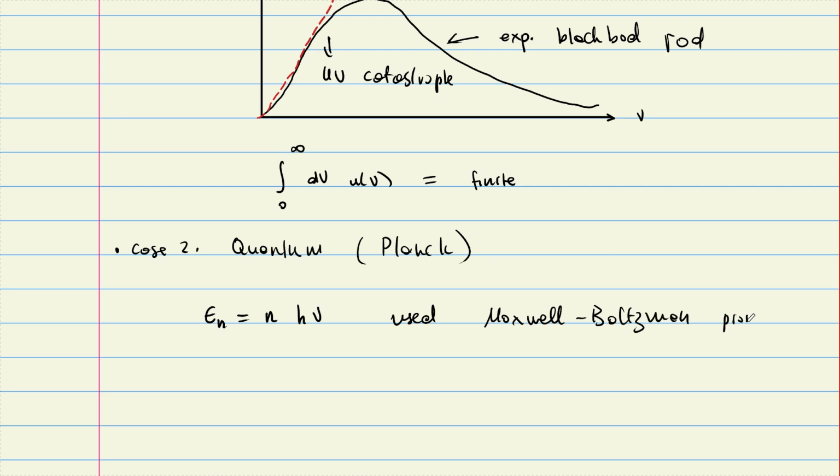Probability, which is, according to Maxwell-Boltzmann, what is the probability to have this energy at temperature T? We talked about this last time. It was a simple function, e to the minus energy divided by kT, right? So this is E_n divided by kT.